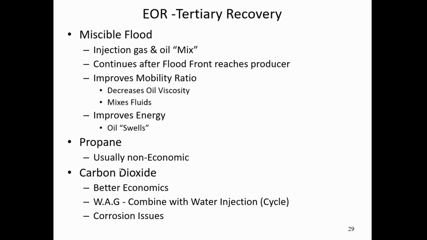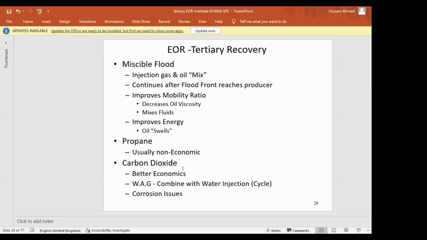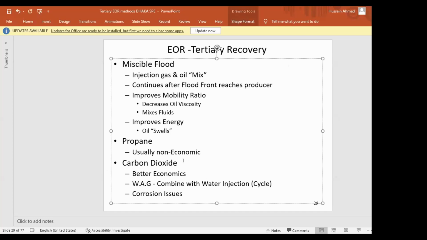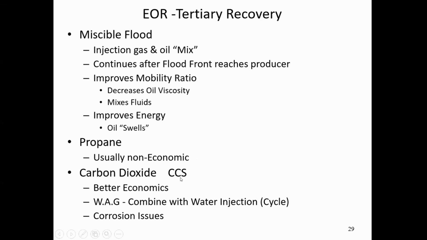And maybe some of you already, especially girls, pay more attention to the environment nowadays, and they say we talk about CCS, carbon capture storage. The principle of CCS is that you can use carbon, meaning CO2. You inject it inside the reservoir as a tertiary recovery factor to produce more oil and to leave the CO2 inside the reservoir.